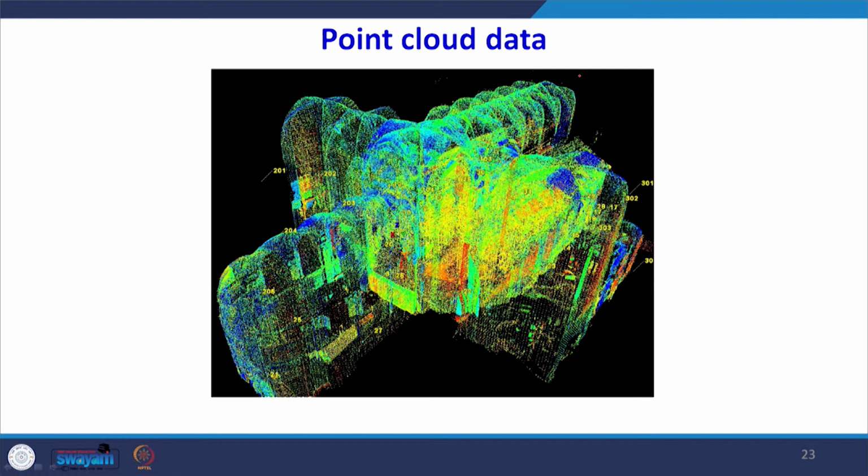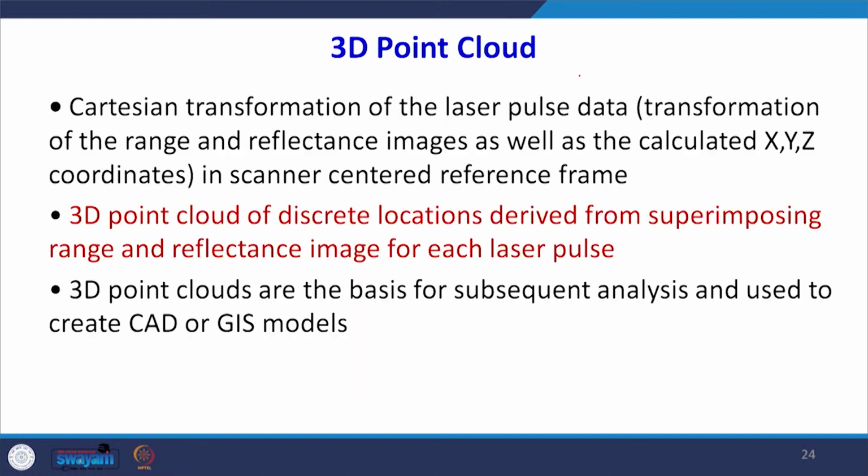Along with that point cloud data, there are certain objects which are not required at the end. So the editing of the data is required once you have collected the point cloud data. There are certain artifacts, certain unwanted objects which you don't require. Suppose in the surroundings of a building, the other objects will also be scanned, but we want only that particular building.